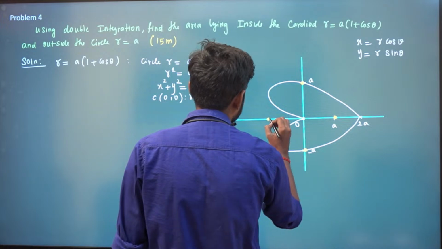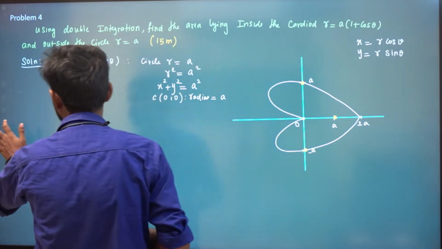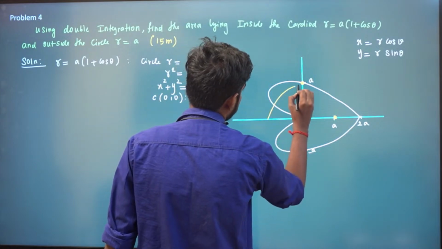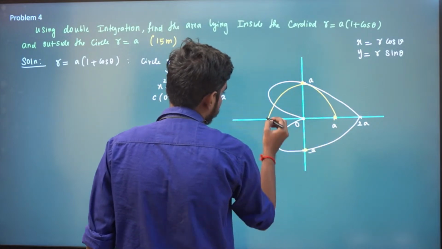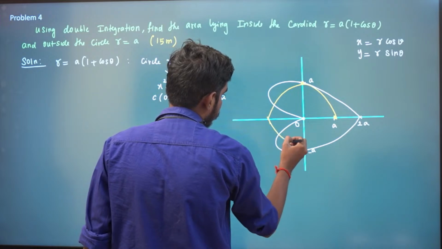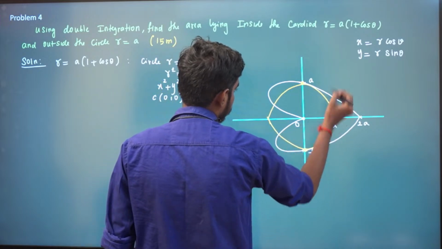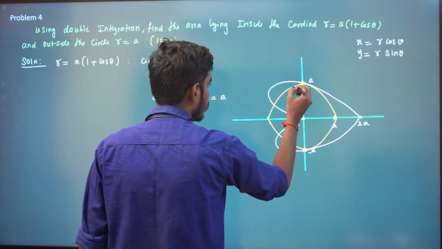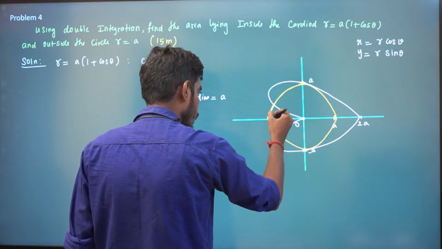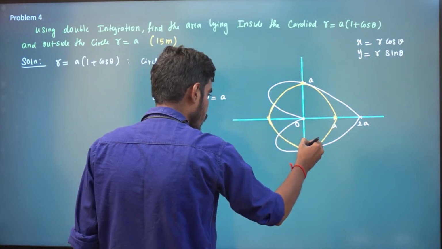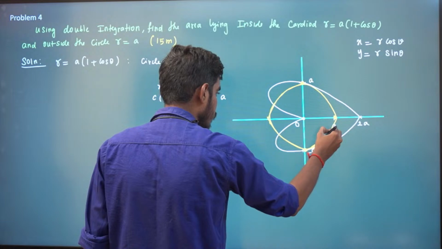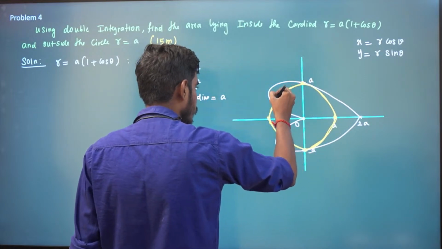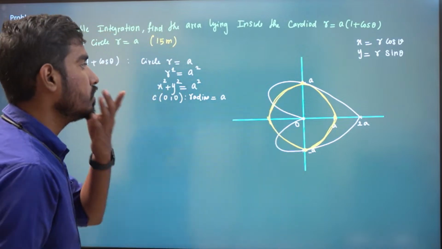First I'll draw this roughly. Right, so adjust this. This is the circle, r is equal to a.